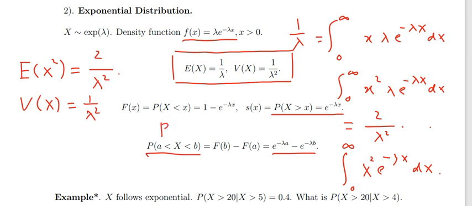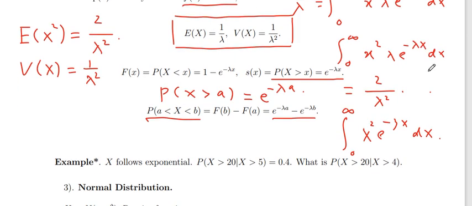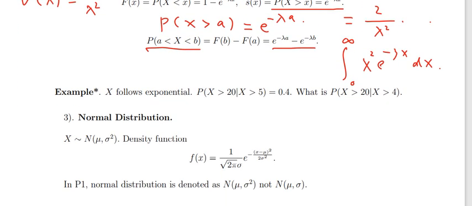So x larger than a is just e to the negative lambda a, and x less than a is 1 minus e to the negative lambda a. So we can use this as a formula. Such a problem is very easy, right? If x follows an exponential distribution, from this we can find this.